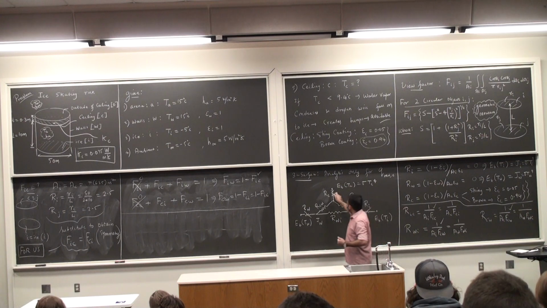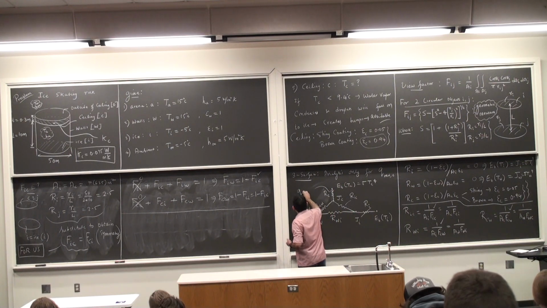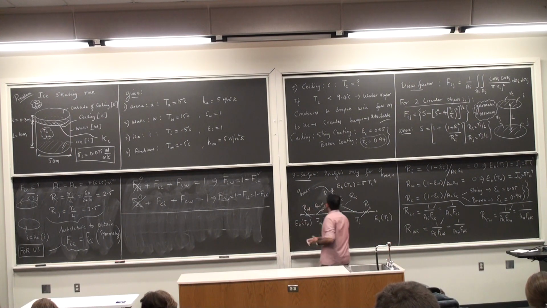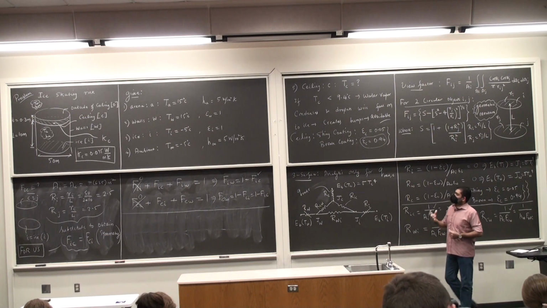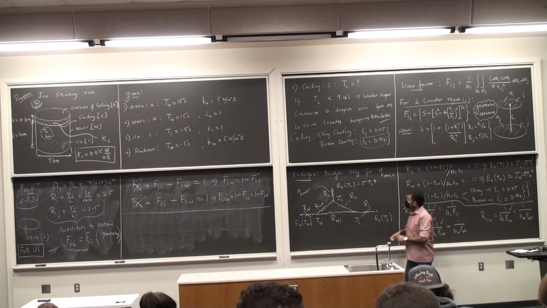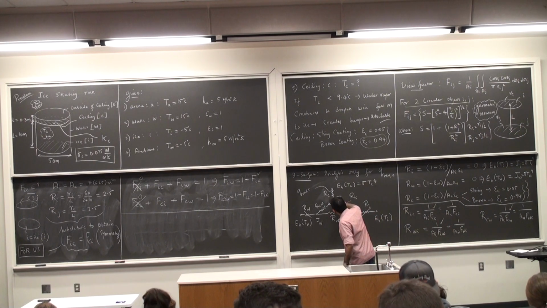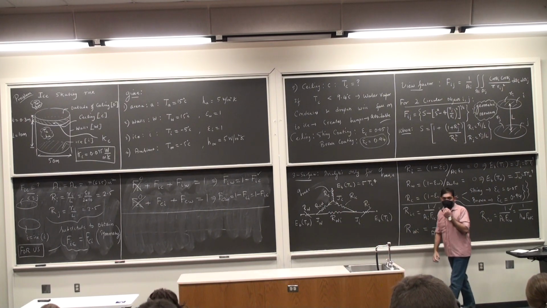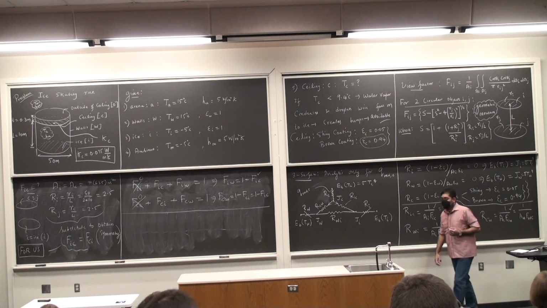So this is Q radiation C. And I immediately recognize that this Q radiation C is splitting up into two branches, going one here and going one there. Okay, so that is essentially Kirchhoff's law used there.